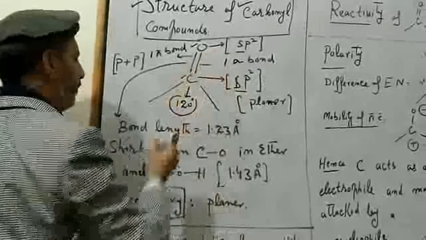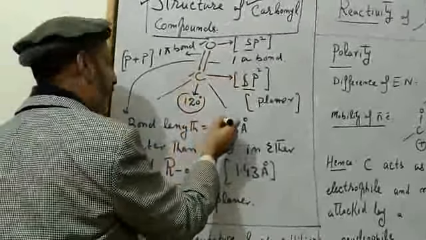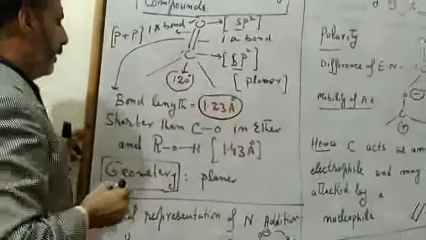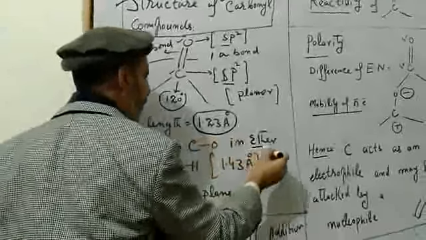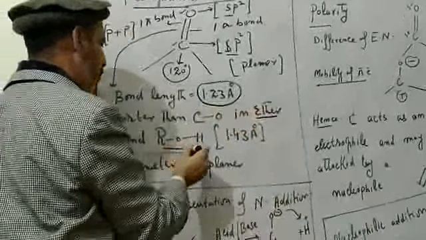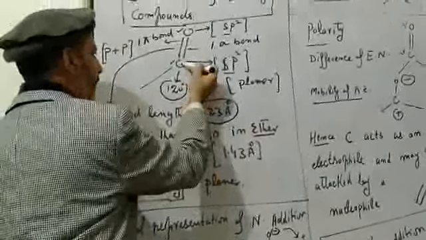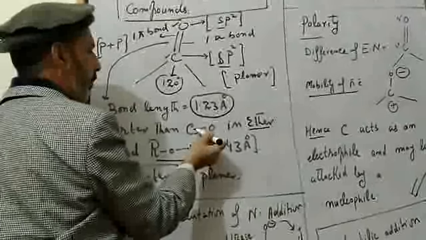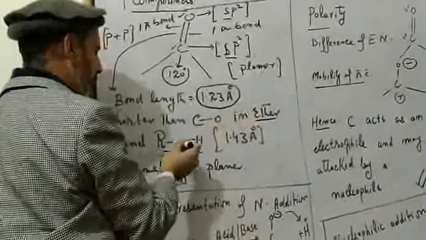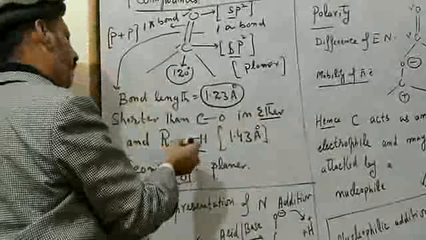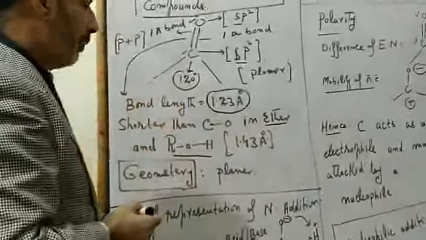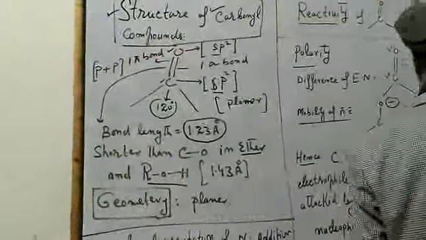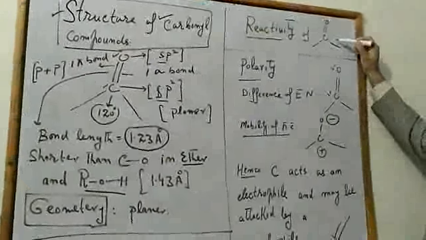This carbon-oxygen double bond has a bond length of 1.23 angstrom, and it is shorter than the carbon-oxygen single bond in ether and the carbon-oxygen bond in alcohol. Now, after discussing the structure of carbonyl compounds, we are going to discuss the reactivity of the carbonyl carbon.